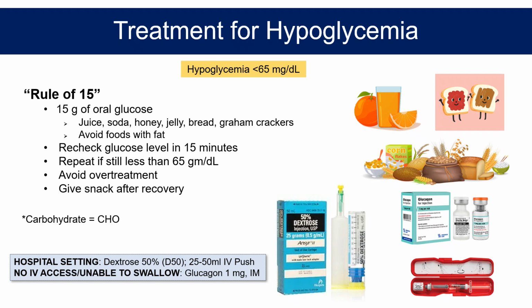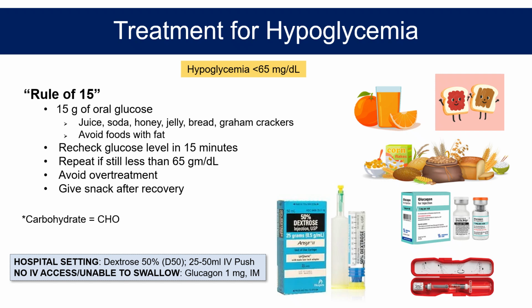Okay, so in the hospital setting, you may have access to dextrose 50%, also known as D50, as an IV push. So you're going to go by your orders and what the criteria is for administering that if necessary. But generally speaking, for our purposes, if the patient is alert, able to follow commands, and can swallow safely, and they're hypoglycemic, we are going to try to give them oral glucose.